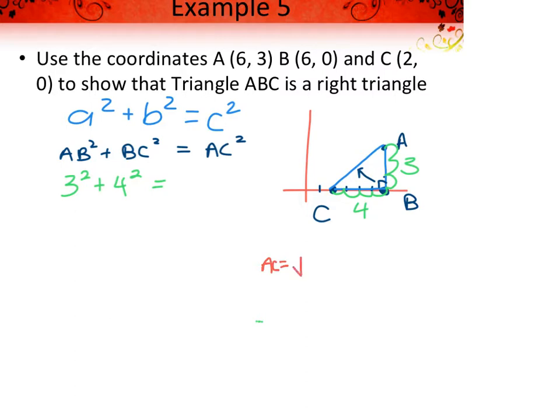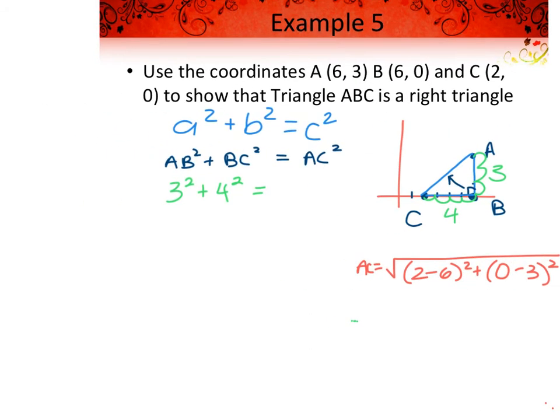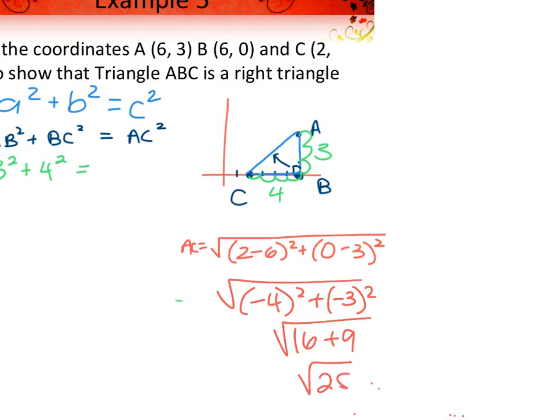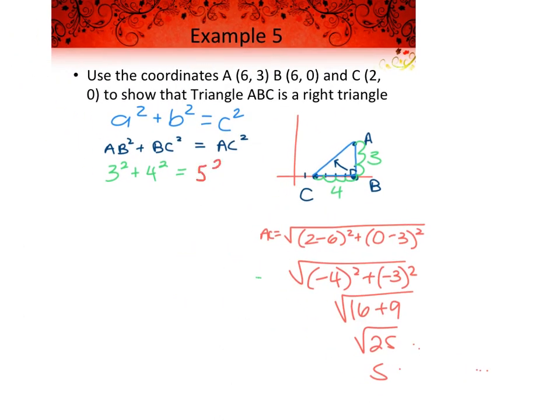AC is equal to the square root of (2 minus 6) squared plus (0 minus 3) squared. Negative 4 squared plus negative 3 squared. 16 plus 9, square root of 25, which is 5. And then I get 9 plus 16 equals 25. 25 equals 25.